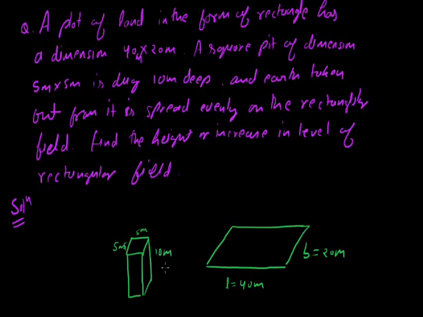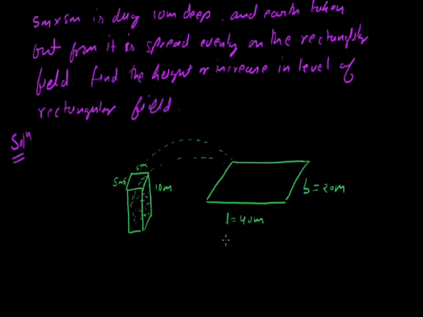Now whatever earth is taken out from this pit, this is the earth. This earth which is taken out from it is spread onto this field. We have to spread this earth taken out from this pit on this rectangular field. First of all we have to find how much earth is taken out from this pit.